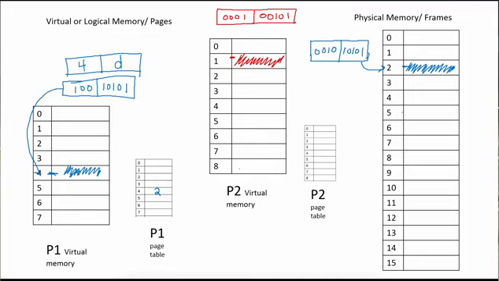So let's say we found frame 5 is free. Then it shows that page 1 is in frame 5, and that would generate a physical address made up of the same offset, only this would be frame 5. So I hope that helps.